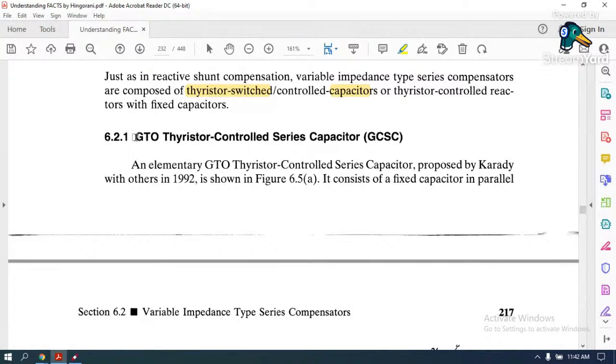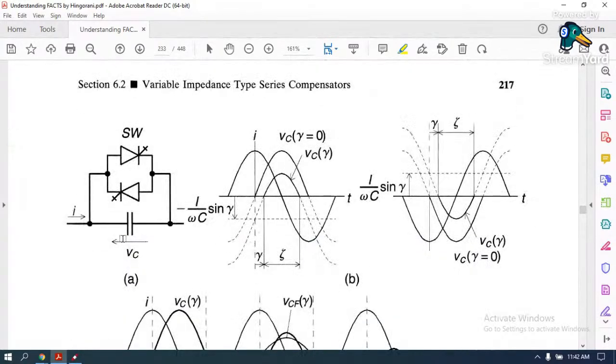Here you are using a GTO, gate turn off device, to switch the series capacitor. That's why its name is GCSC, GTO controlled series capacitor. Obviously, a picture will come before you: the capacitor is connected in series fashion. Whether to keep it in the transmission line or not, who will decide that? The GTO will decide that, right? You can see its diagram.